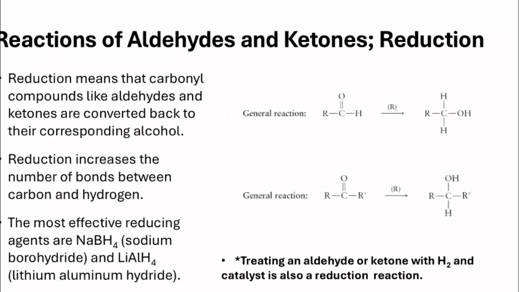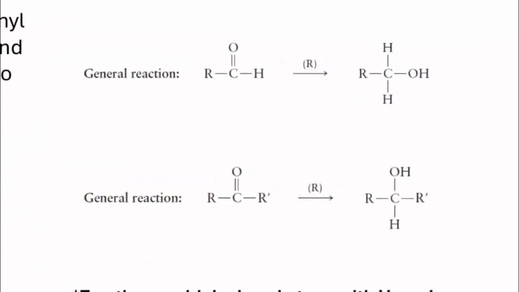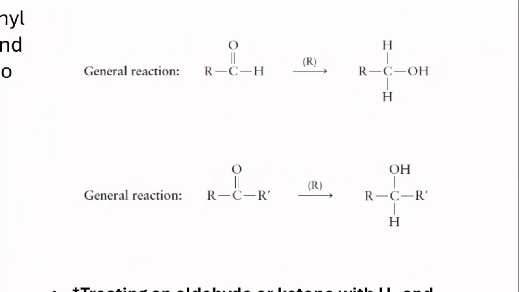Specifically, we see here that the letter R is being used to represent the reducing reagent that will take the aldehyde to the primary alcohol and the ketone to the secondary alcohol. Remember that these reactions are not any different than the hydrogenation that we just observed. If we pay close attention to our functional groups, in the case of the aldehyde, the carbon and the oxygen in the carbonyl go from a double bond to a single bond.